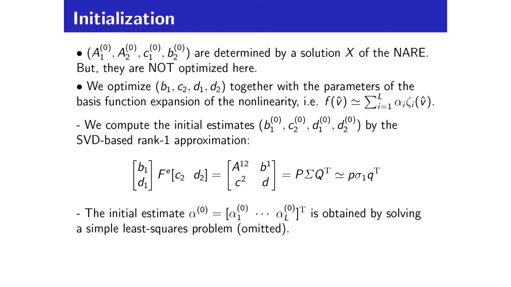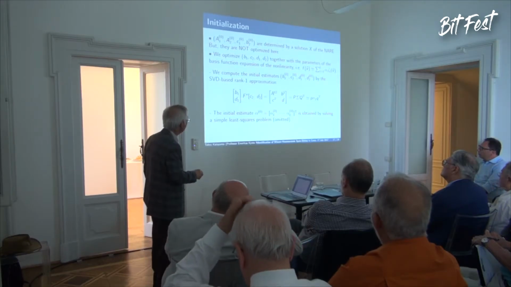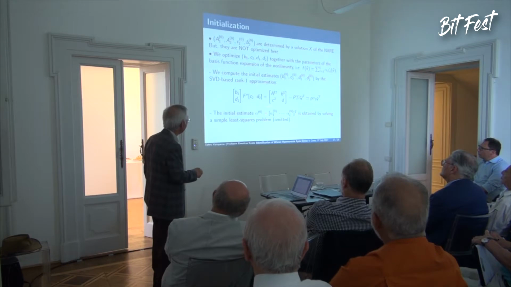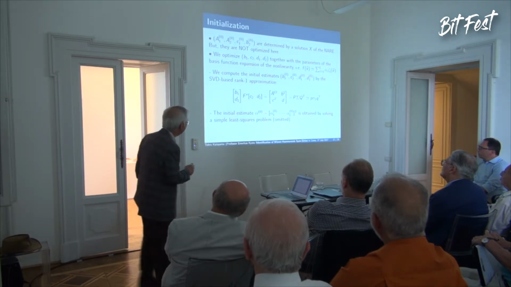This is the expression I showed in the last slide, and this is given from the data. So we take the SVD, and a rank 1 approximation we can get. But there is also redundancy or uncertainty in defining B1, D2, B1, D1, C2. And the initial estimate of alpha is obtained by solving a simpler least squares problem, but this is omitted.